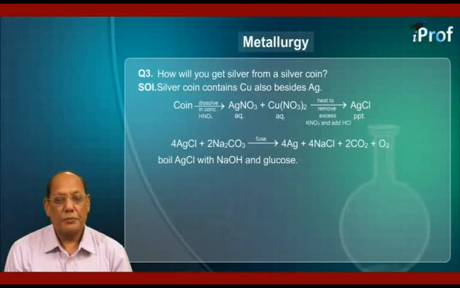That gives us silver nitrate (aqueous) + copper nitrate (aqueous). Now this solution is heated to remove excess HNO3 and then hydrochloric acid is added to it, where a white precipitate of AgCl is obtained. That is taken.